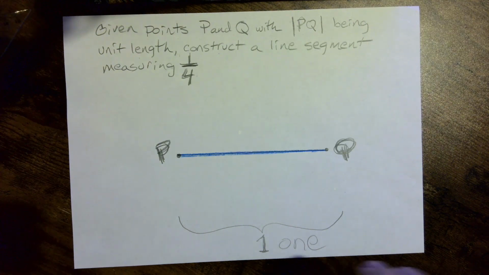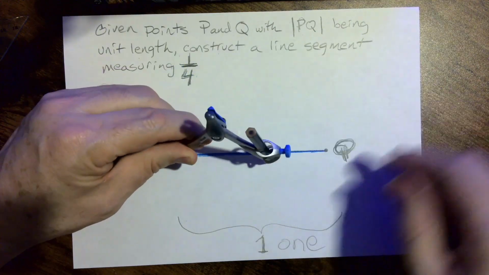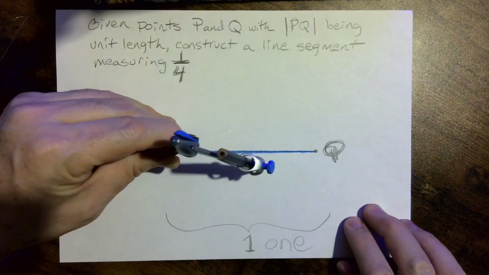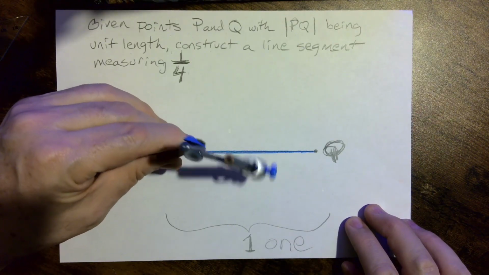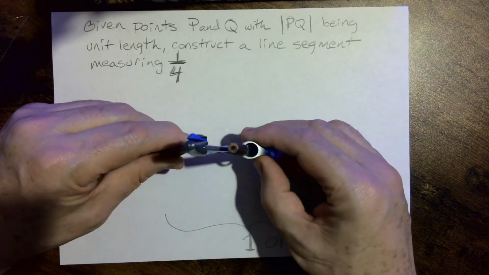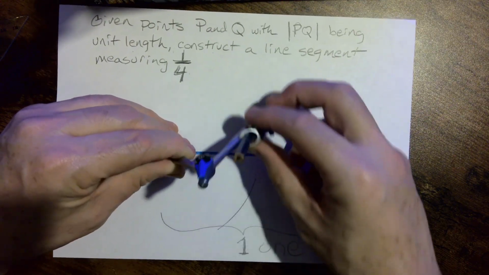So here we go. First thing I'm going to do is divide this in half. This just needs to be a little bit more than halfway. I don't have to know exactly where halfway is. I just have to know approximately, and then go a little bit more than that. I need a little bit more than halfway because I want these circles to cross.